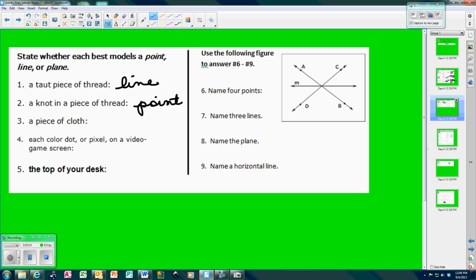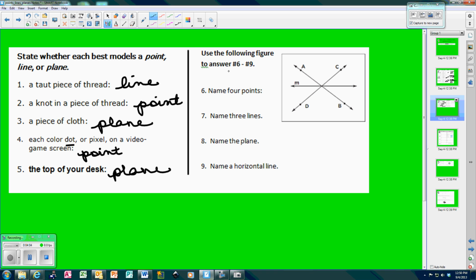And a piece of cloth would represent a plane. Each color dot or pixel on a video game screen would represent a point, hence the word dot. What about the top of your desk? That would be more likely to represent a plane.